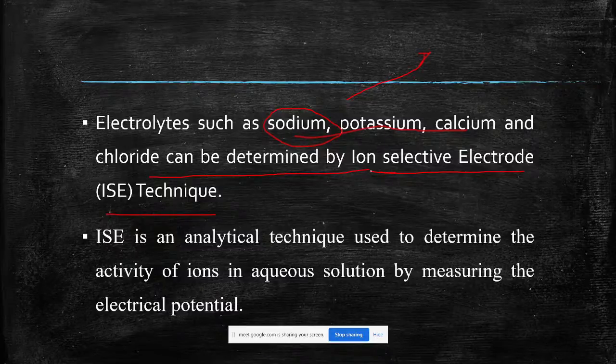Here we are going to place the electrodes in a solvent, and we will allow only that electrolyte whose concentration we want to measure into the electrode. The conductivity of electricity by that particular electrolyte will give us a measure of that electrolyte present in the solvent.